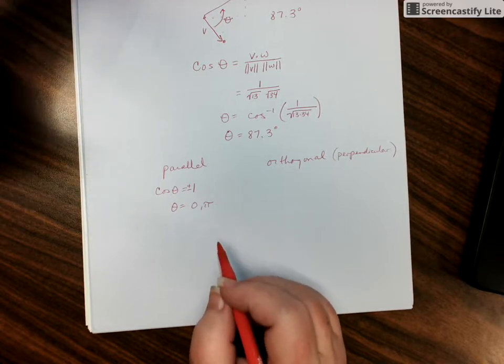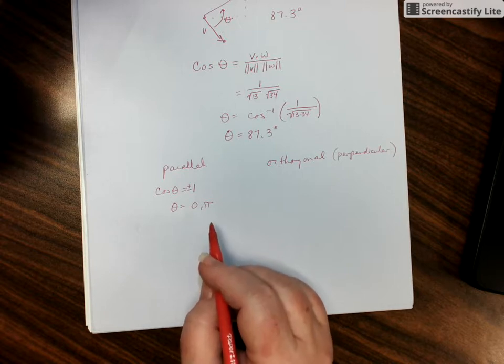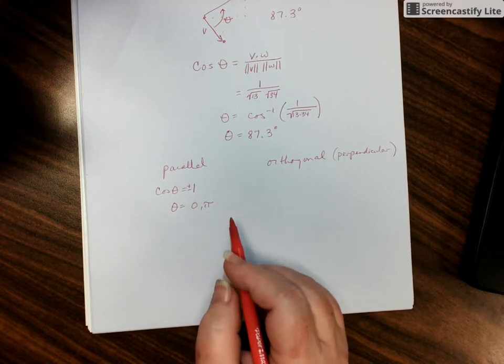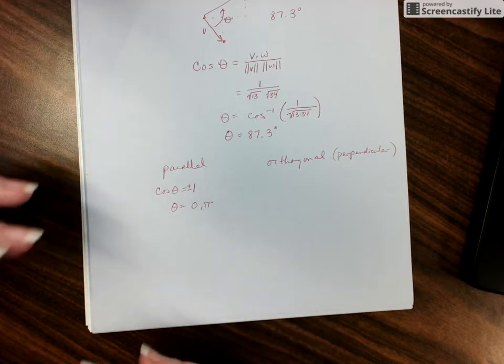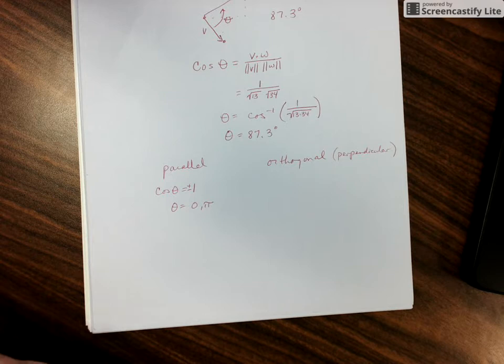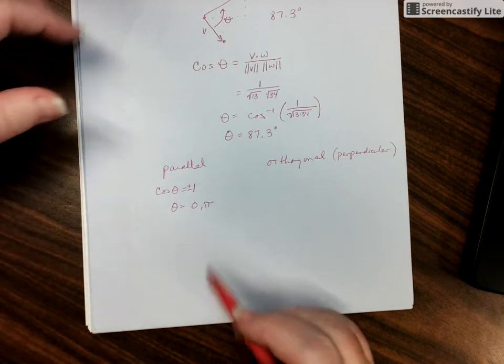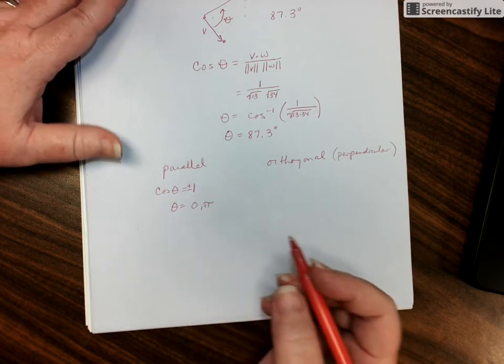If the angle between two vectors is 0 or 180 degrees, then we know that they are parallel because they are either the same line, the same vector with just different magnitudes, or they are in opposite directions. Either way, they're going to be parallel vectors.